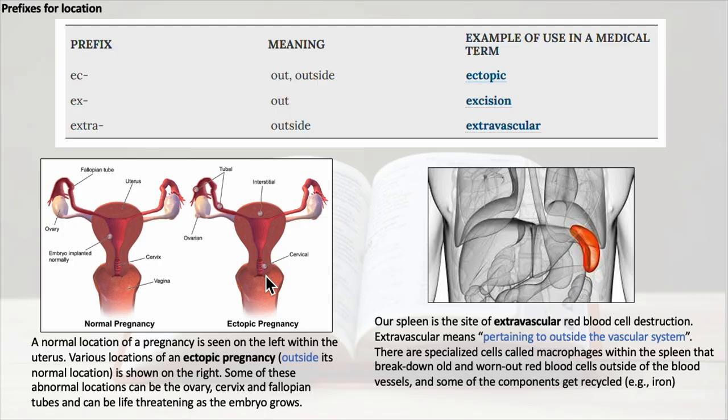And then here we can see an egg has implanted in the cervical region. So not within the uterus or in the thick walls of the uterus, but down here in the cervical region. So this is just showing the various locations that an ectopic pregnancy might occur, where implantation is occurring outside of its normal location.